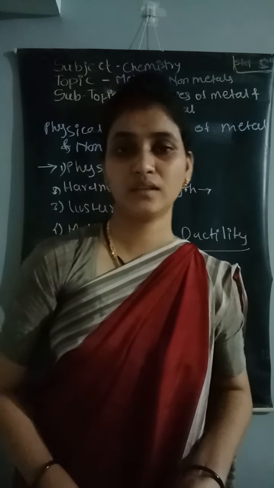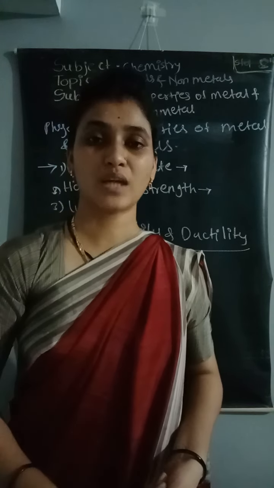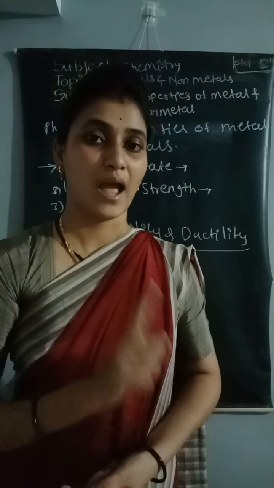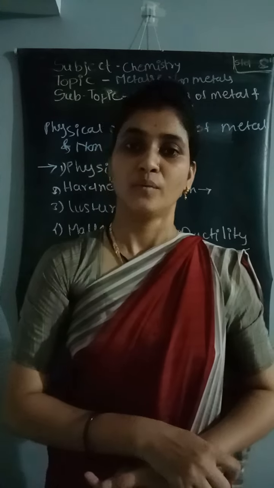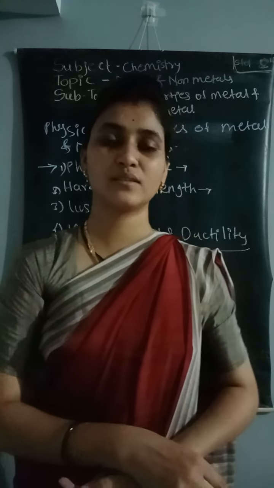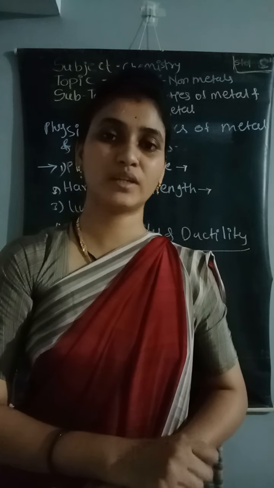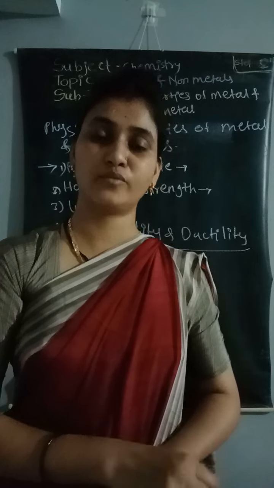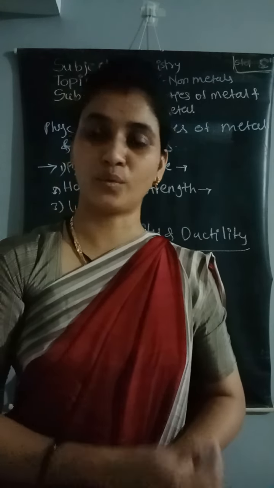Have you all seen the utensils which are used in cooking? Those are mainly made of metal. Why is this so? And the handles of those utensils are made of non-metals. Why is this so? Because metals are good conductors. They can conduct the heat from the fire to the food for cooking.